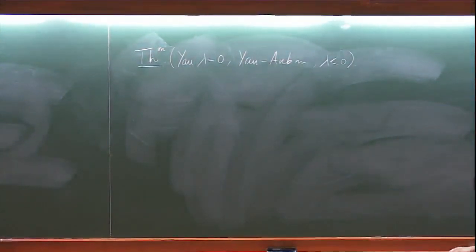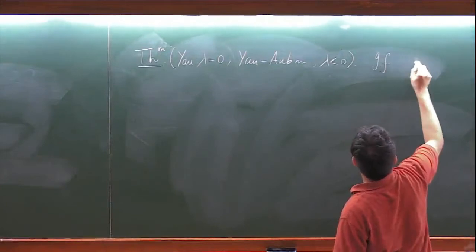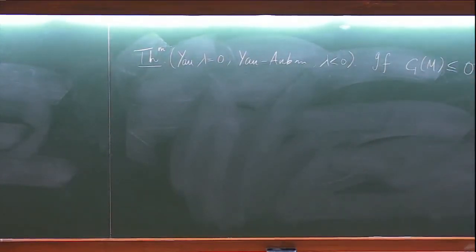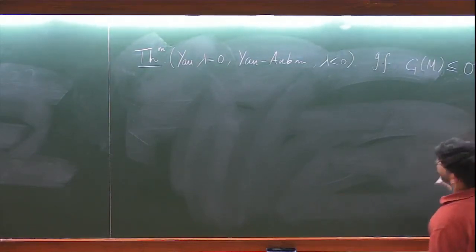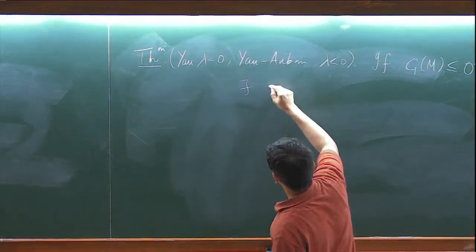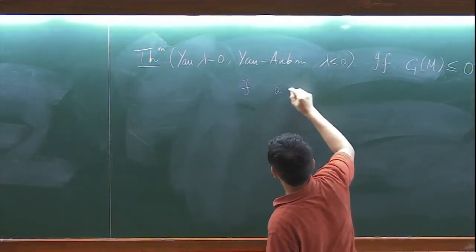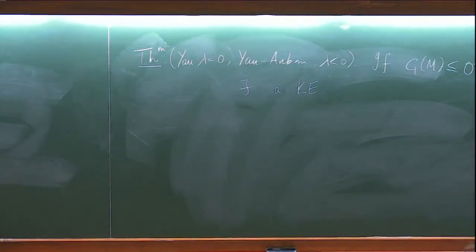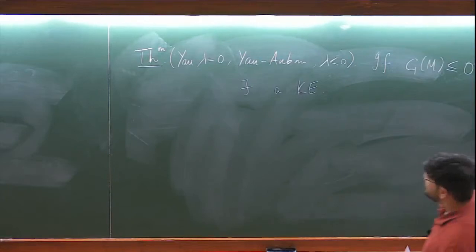So the theorem says that if the first Chern class has a sign and it's non-positive, then this implies that there exists a KE. So that means that the sign of the Chern class is the only restriction that is there.